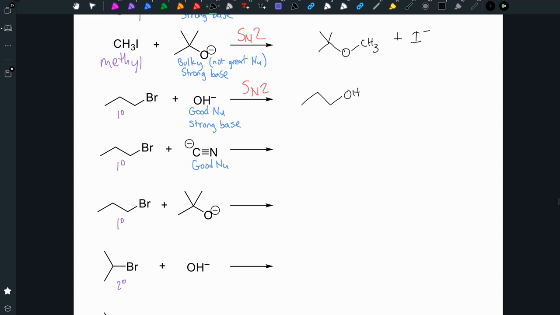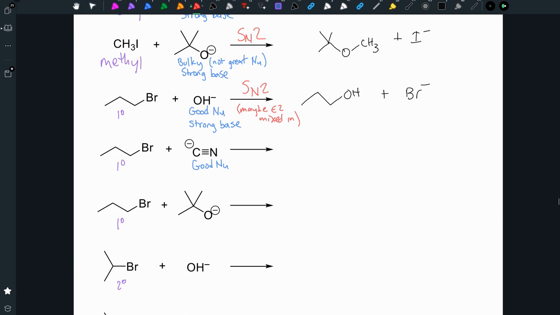So mostly I'd get the alcohol and then bromide as a byproduct. There might be a little bit of E2 mixed in, but that's going to be a minor product, so we're not going to worry about it so much.